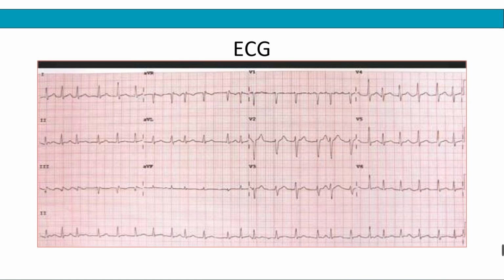Then you have the cardiac axis, which is best determined in lead 1 and AVF. Those are the best leads to determine the cardiac axis. You have P-wave morphology, which is best seen in lead 2 as well. PR interval duration, best seen in lead 2. QRS morphology and duration, you have to look at in all the leads. ST segment, you also look for in all the leads.